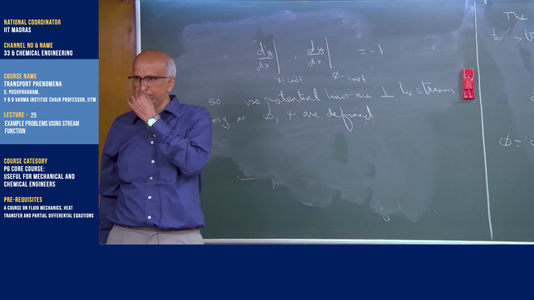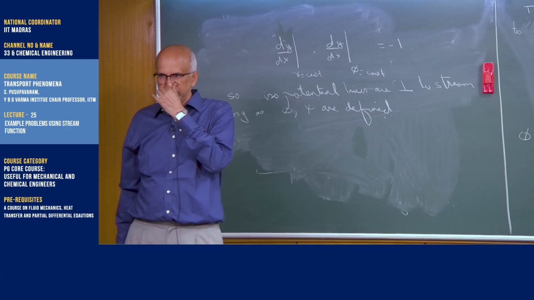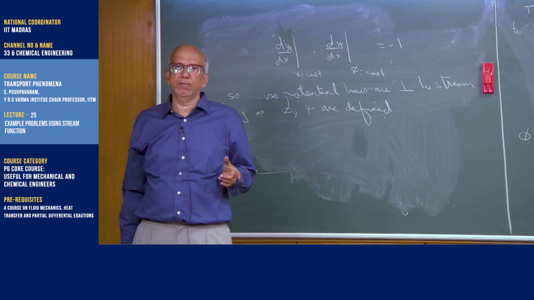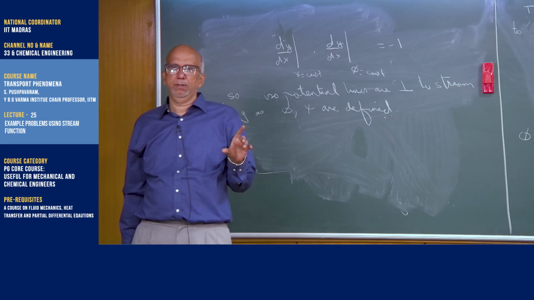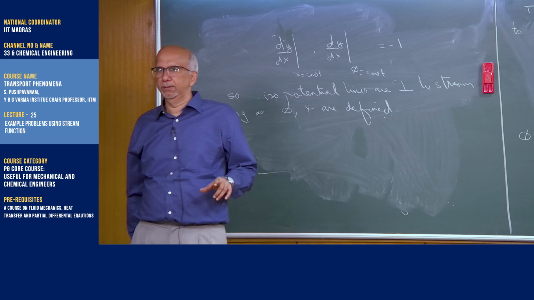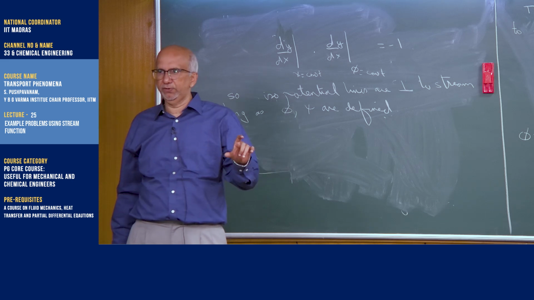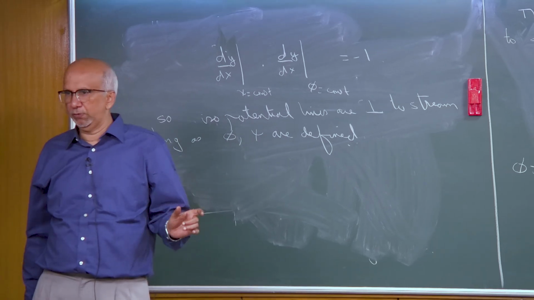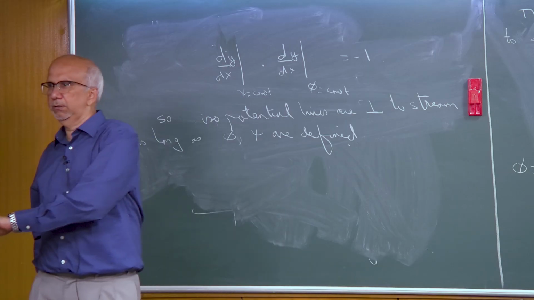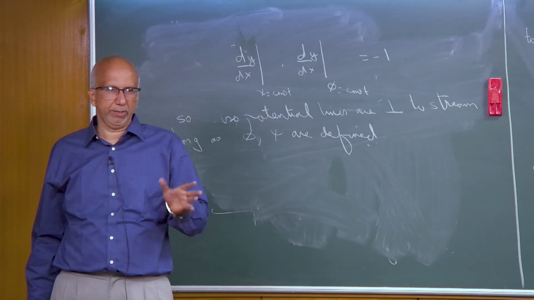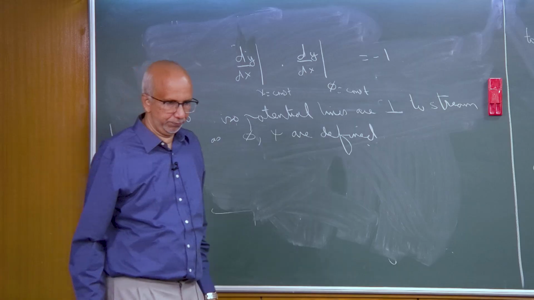Okay. So, basically the point is, they are all interconnected: the potential, the stream function, the velocity field. So, given one, you can go from one to the other, and then you can find all of them as long as they all exist. Okay.